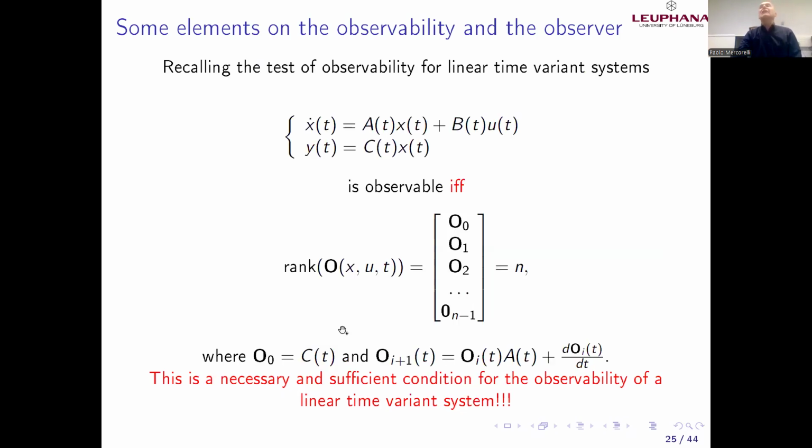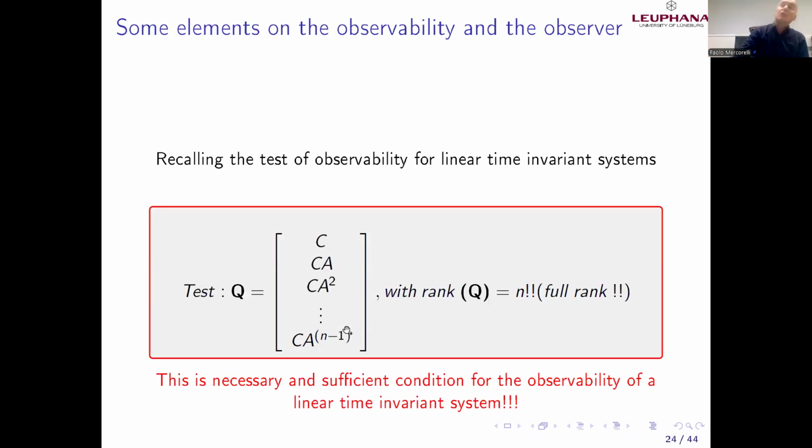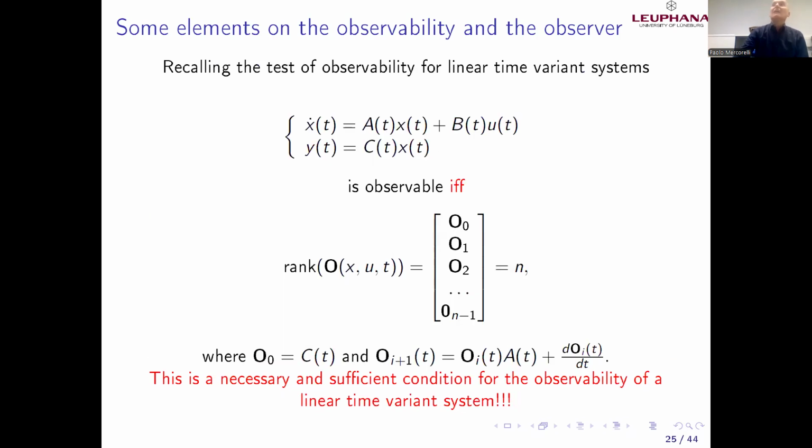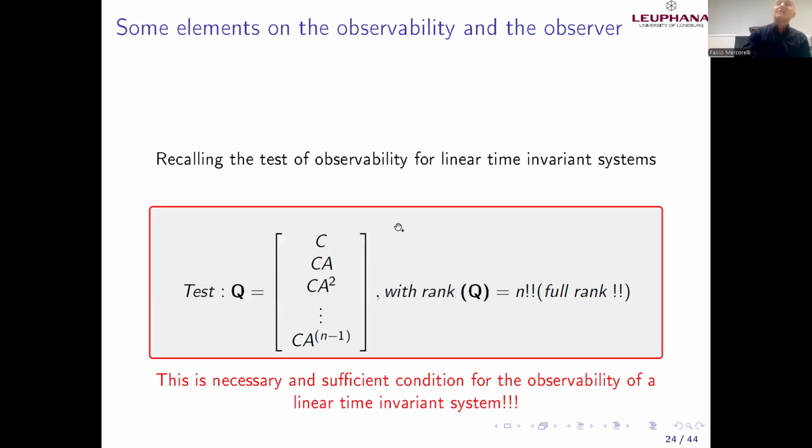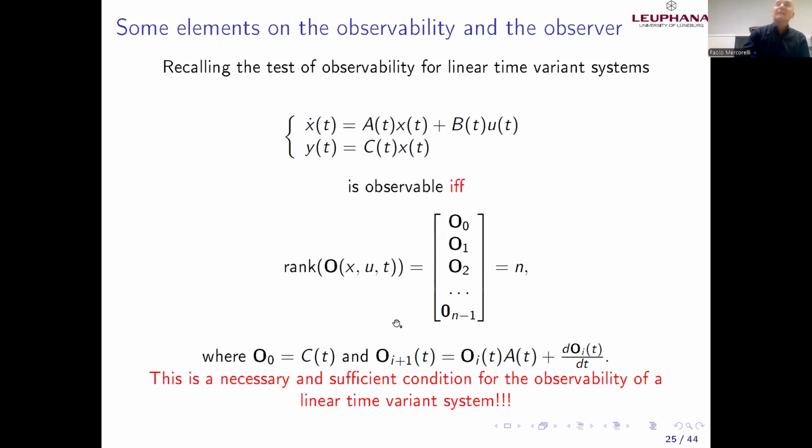Similar consideration can be done for a linear time invariant system, and for a linear system even though time variant. Both conditions, this is a rank condition, state a necessary and sufficient condition.